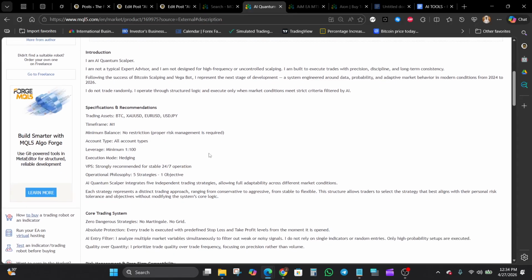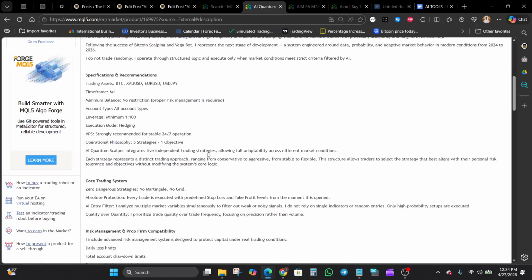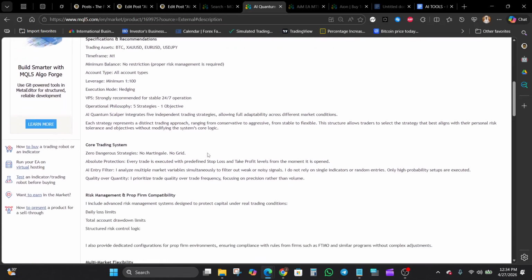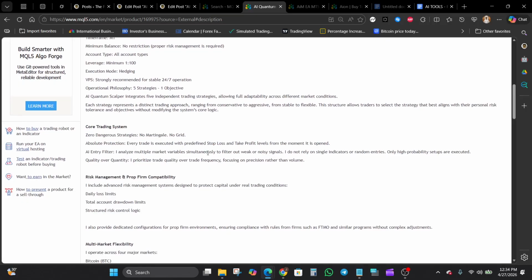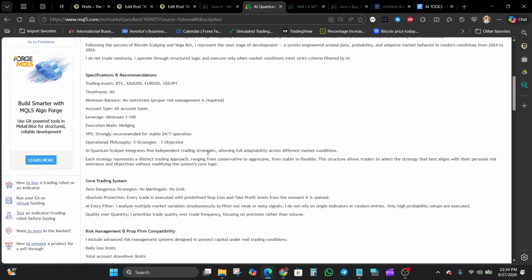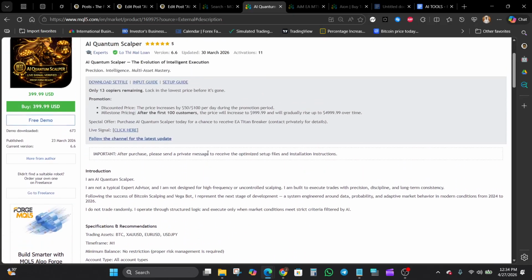Now, looking at the system itself, the first thing I notice is the structure, right? It's not relying on a single strategy. It operates using 5 different trading strategies. And instead of switching them manually, the system is designed to adapt depending on market conditions.